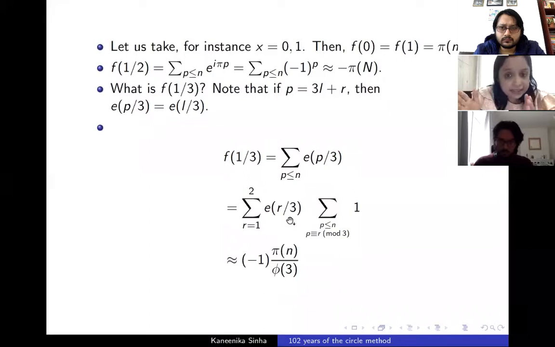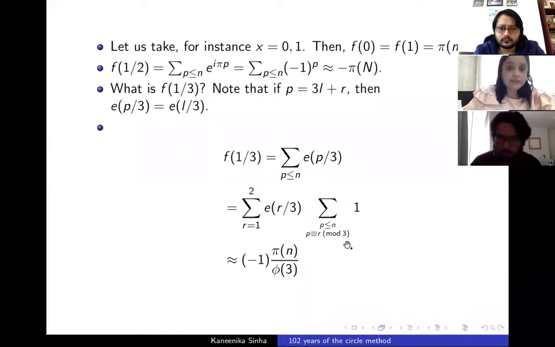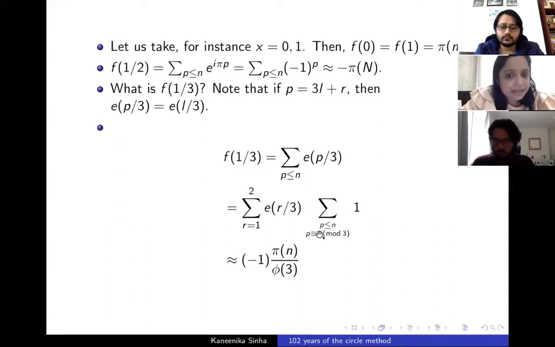The inner sum is the sum over all those primes up to n which are congruent to r mod 3. Now there is a very famous theorem in number theory of Siegel and Walfisz, which tells you that irrespective of your choice of residue class, any fixed residue class will have the same number of primes up to n.